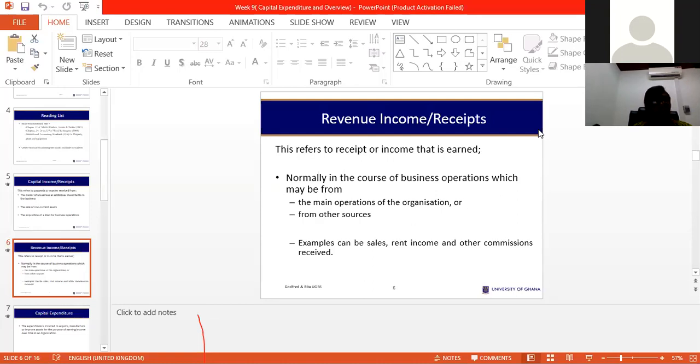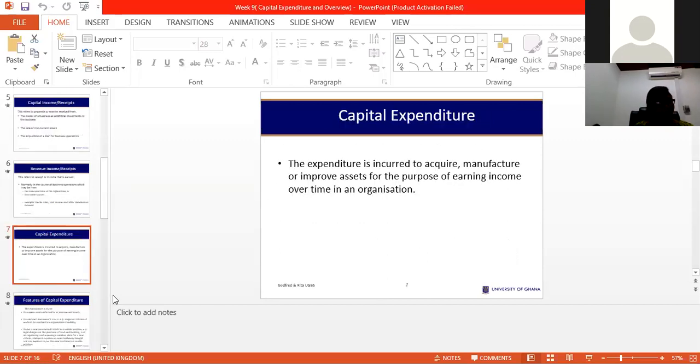That could also become part of your revenue receipts. Though it's not coming from your main business activity, it would also be considered generally as a revenue receipt or income. If you are receiving commission for rendering a service, it could also be a revenue receipt. So these are examples of revenue receipts that you see, and these occur largely from your main business.